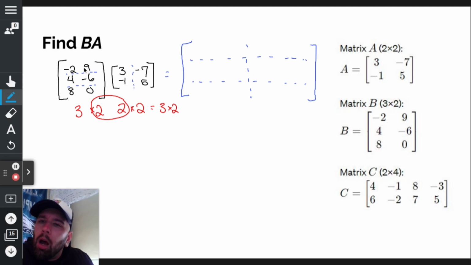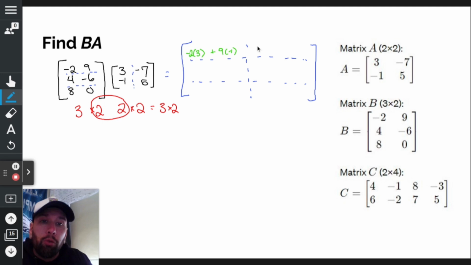I'm going to multiply the first row to the first column to get the first row, first column. What you do is you take the first element in each one, so -2 and 3, and multiply them. So -2 times +3. Then you plus 9 times -1, the second element in each. Okay, so first row, first column, multiply the first elements plus multiply the second elements.